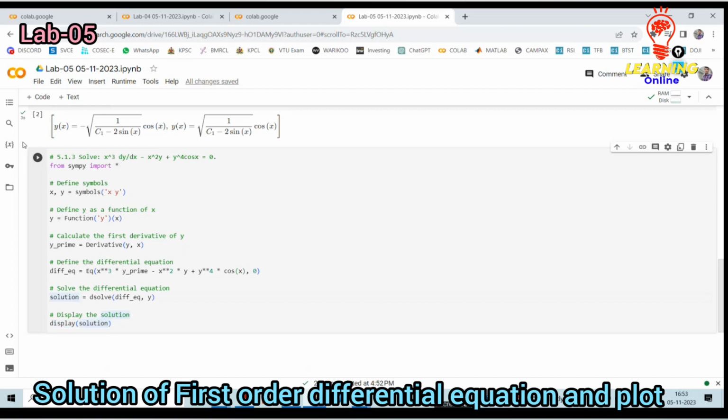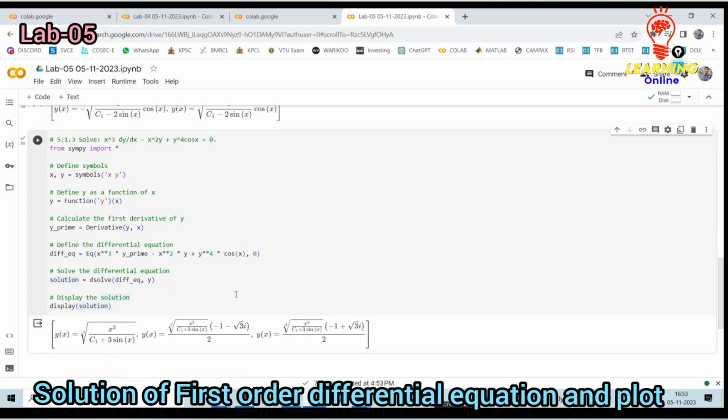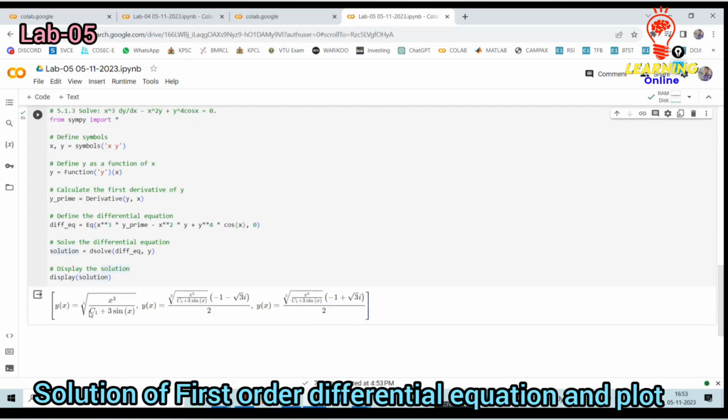Solution is a variable, that is not the command. Keep this in mind. Here you are going to get this output, whatever expression is required: y of x, the cube root of x cube divided by c1 plus 3 sin x.